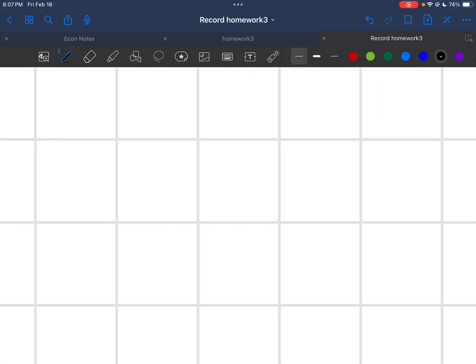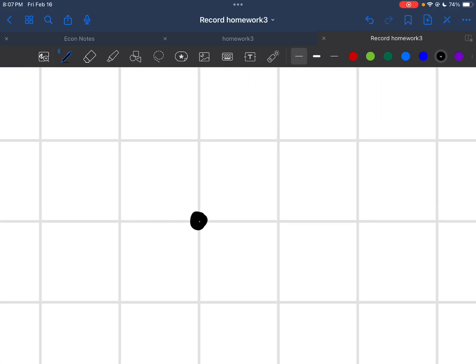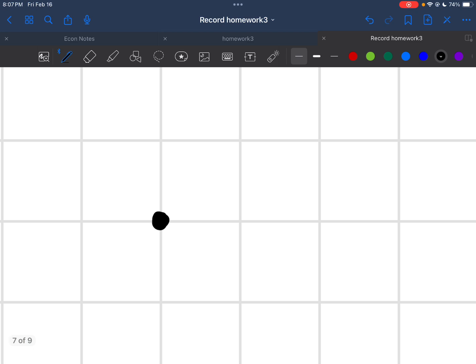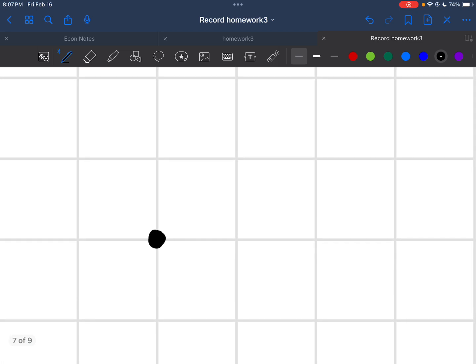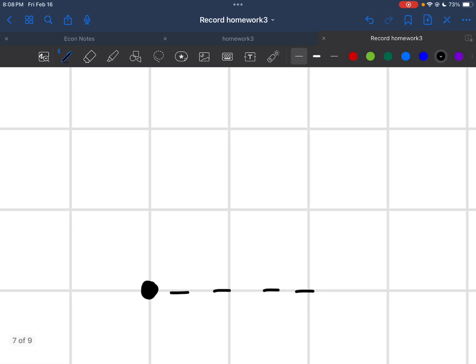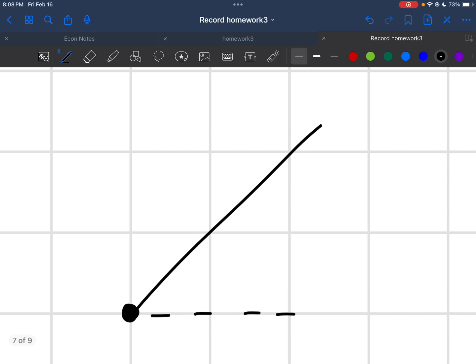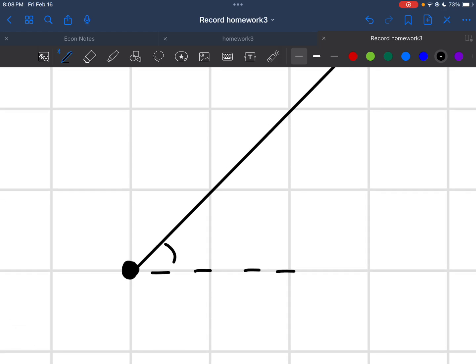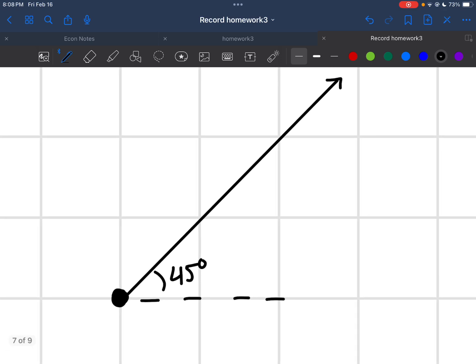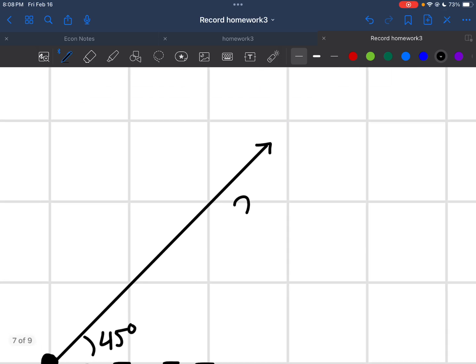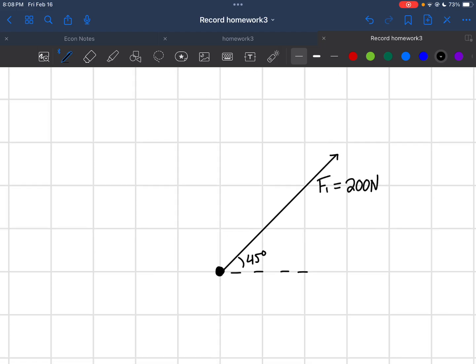First thing I'm going to do is draw my force diagram. The first rope was 45 degrees north of east. So here's east, and I want to go 45 degrees north of it. There's my first one, there's my 45 degrees, and that one was 200. I'm going to call that F1, 200 newtons.